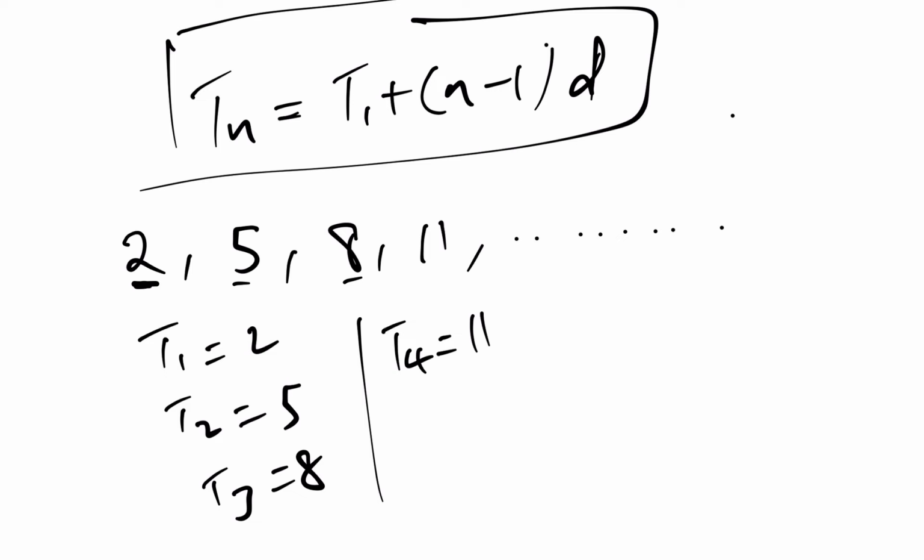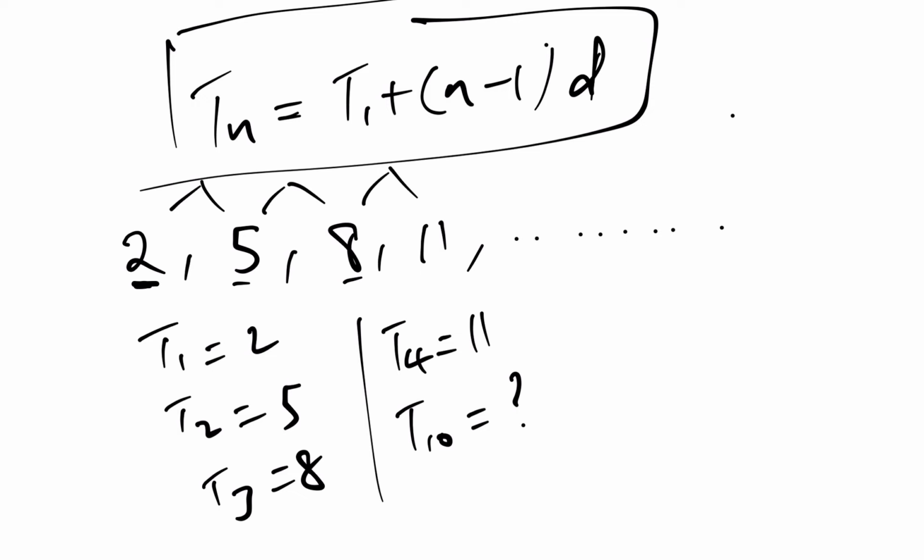Okay, let's say we got a question which asks us what will be maybe the 10th term. So find T10. If you are given such a question, already we've determined that this is an arithmetic sequence, since the difference between the consecutive terms is consistent, like it's plus 3, plus 3, plus 3.